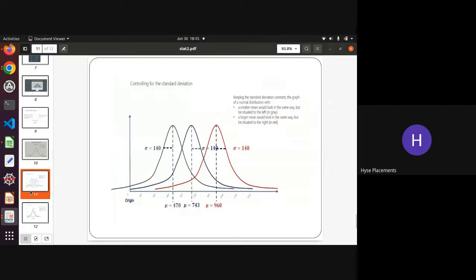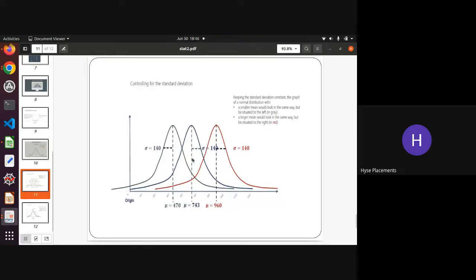Fine. Okay, so now check this, controlling from the standard deviation. Check the curves here. Understand this statement: keeping the standard deviation constant. If I place the standard deviation as constant, that means the standard deviation is not changing. The standard deviation is the same for all the data points. If the mean is varying, then what happens?